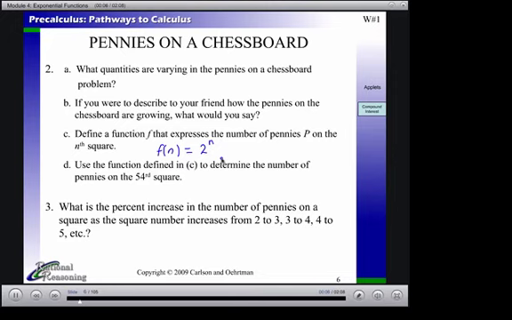Try it again. So you multiply 2 by itself with the number n. As many squares as we've gotten up to, we're going to multiply 2 together that many times, n times.